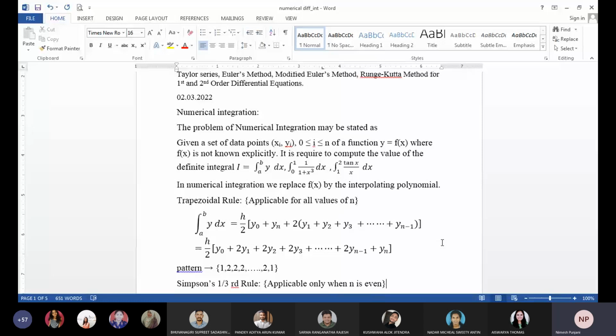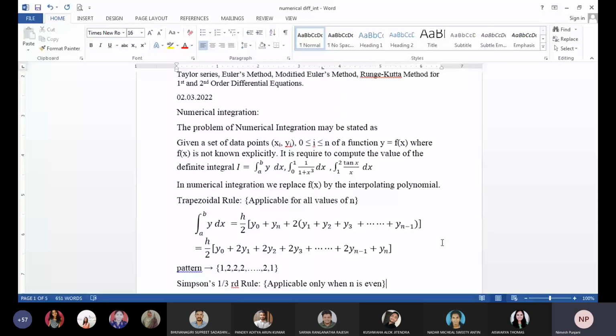So using the trapezoidal rule, the formula is given by h by 2. Now you know what your h is. The same notations we were using for Newton's forward difference and backward difference, the same idea, the same logic we apply here.